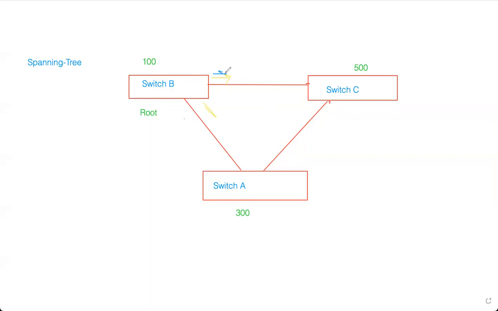This one will be in the forwarding state. This one will be in the forwarding state. And the link between switch C and switch A, this one will be in the blocking state, because the highest priority sits here. The second lowest priority is this one, so this one should not be in the blocking state. But still, it is blocked.